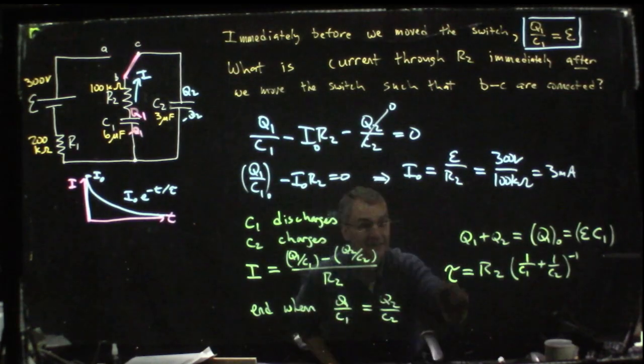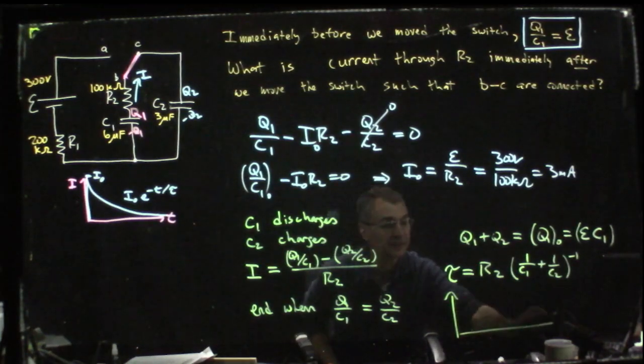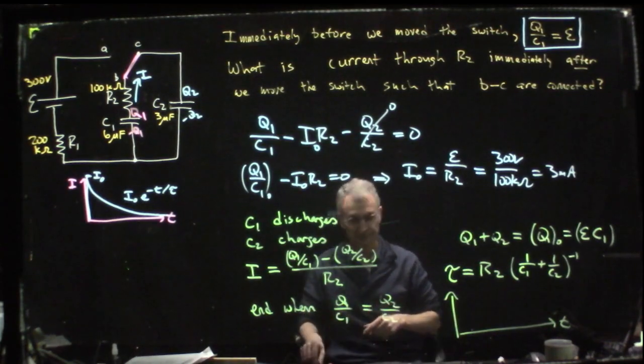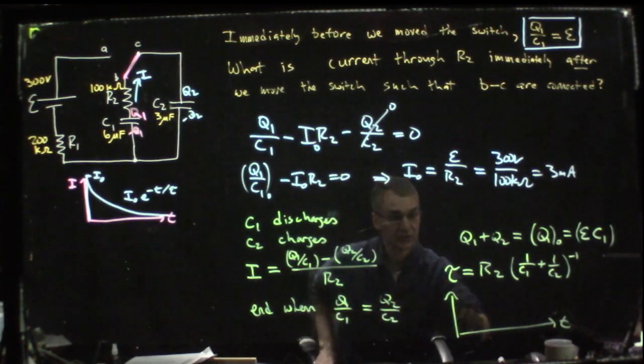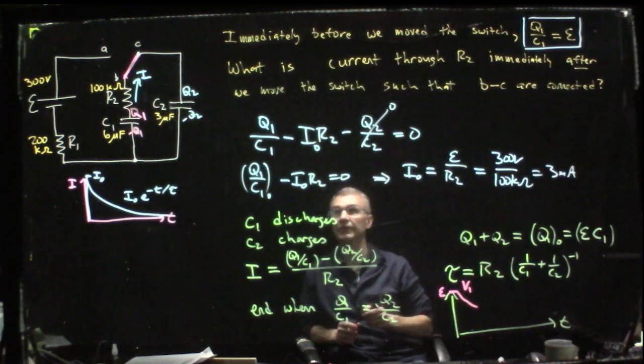Yeah, so I think actually, if you did something here, versus time, and you say here's the voltage on capacitor 1. It starts out at the battery voltage, and then it decreases.